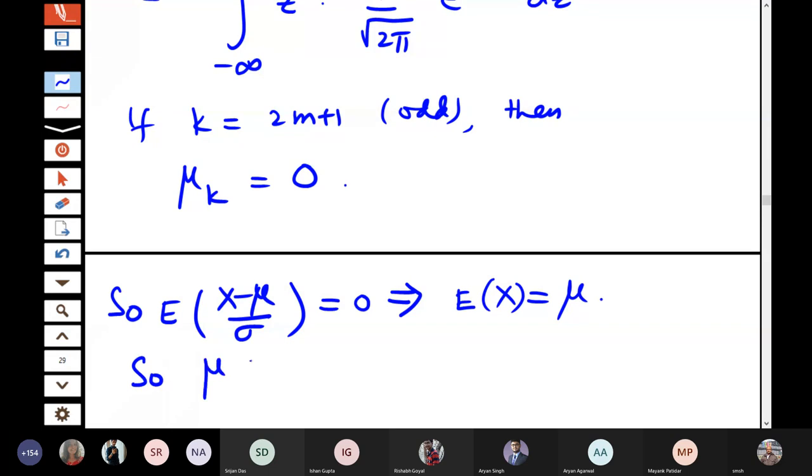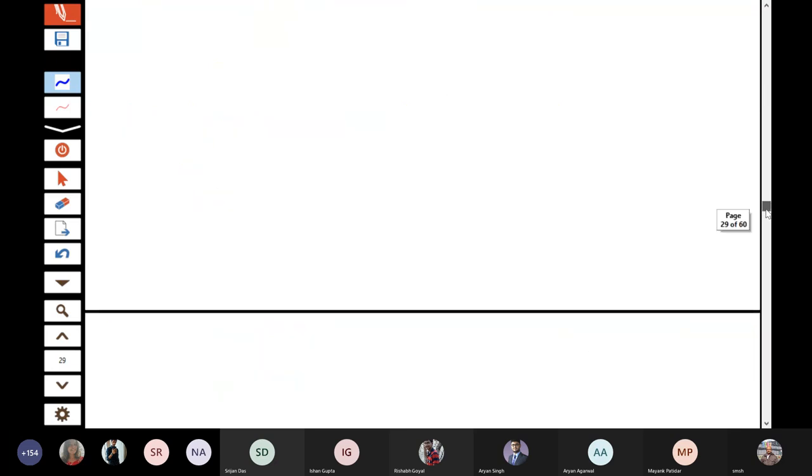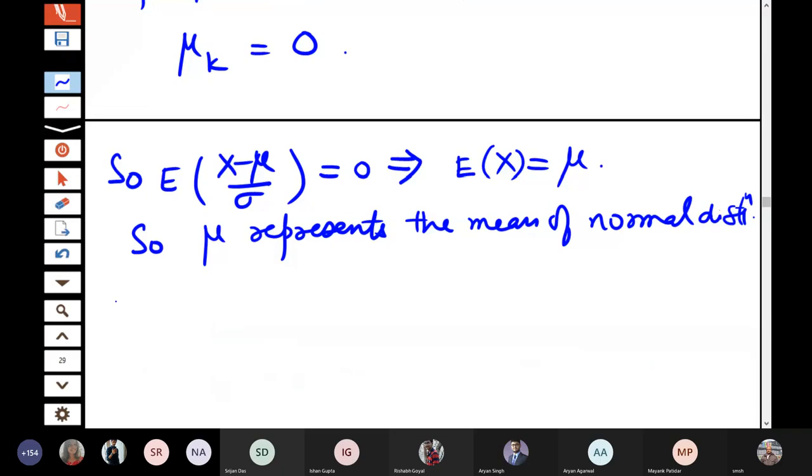So mu represents the mean of the normal distribution. So this also means that these are central moments.